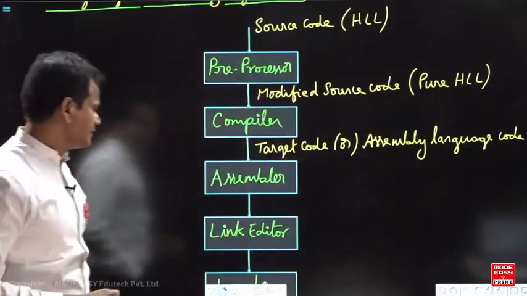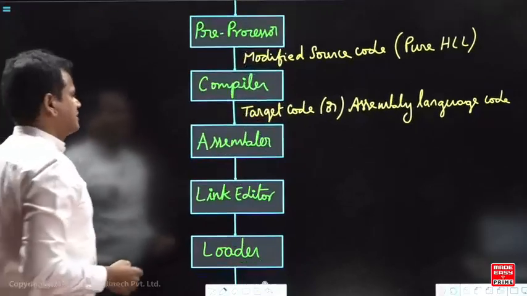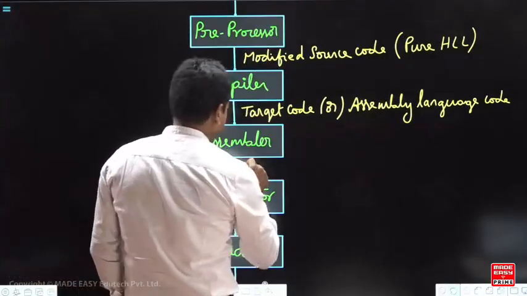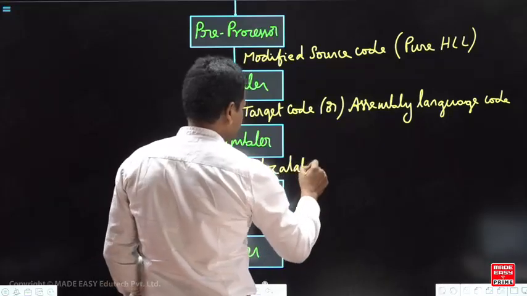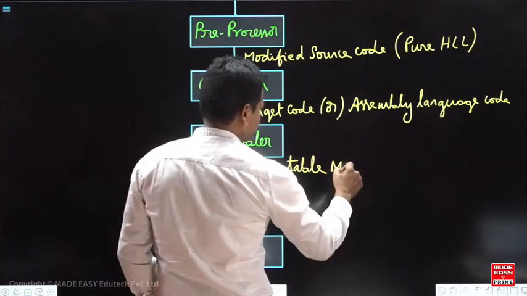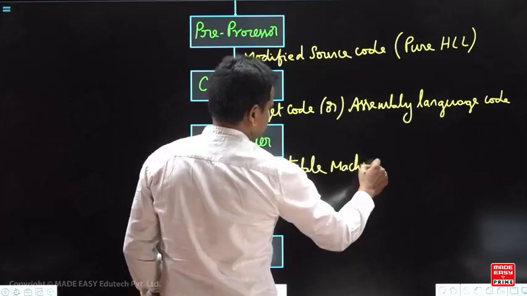Next, the assembler produces relocatable machine code as output.